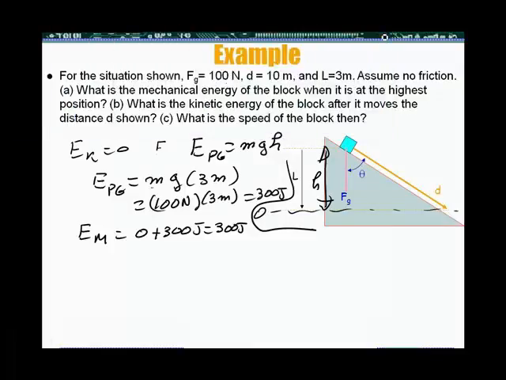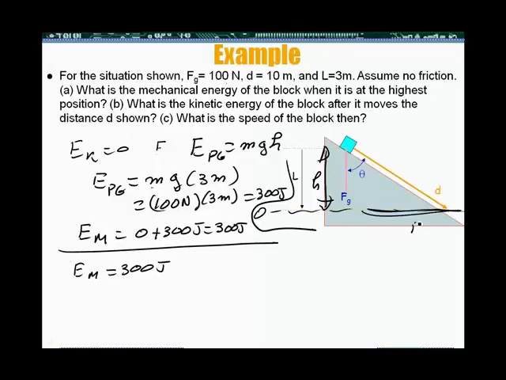Okay, now to get that, we remember that mechanical energy at the bottom is going to be the same as the mechanical energy at the top. So mechanical energy at the bottom position is going to be 300 joules. And we also remember that at this level, that's our reference point. So then the gravitational potential energy there is equal to 0.